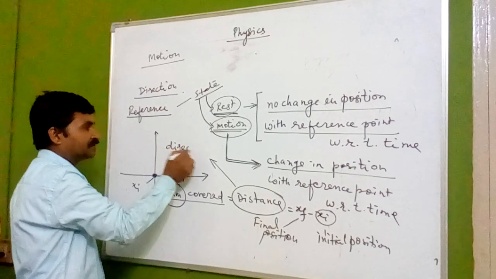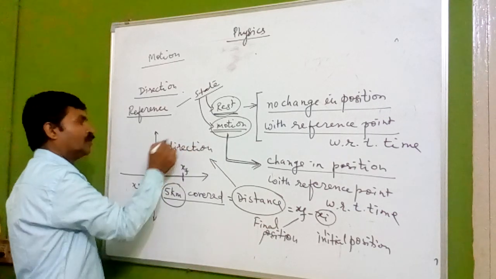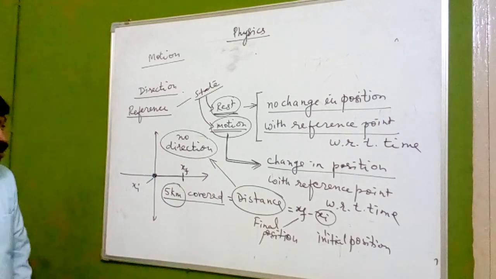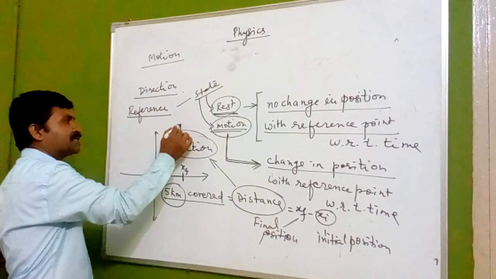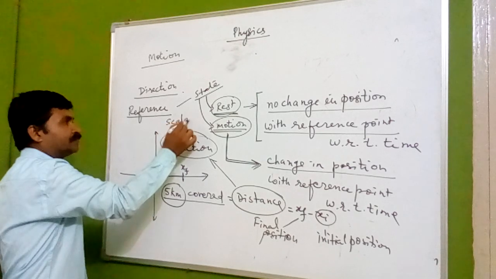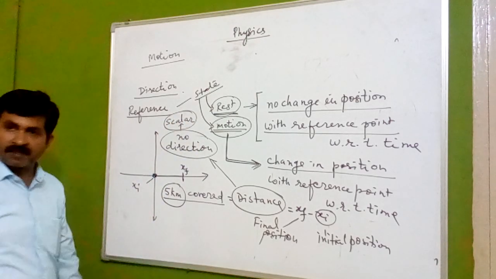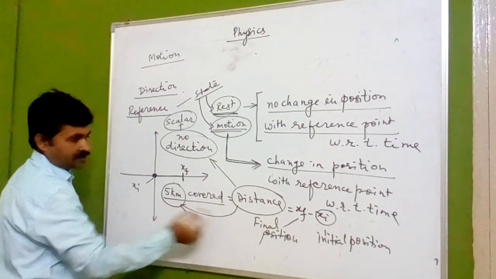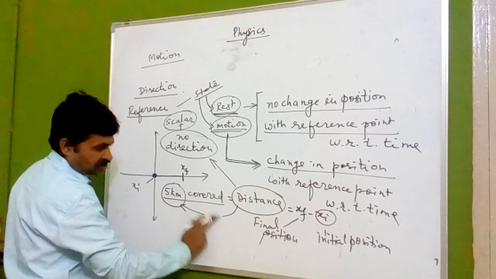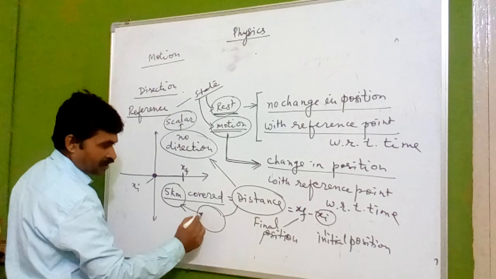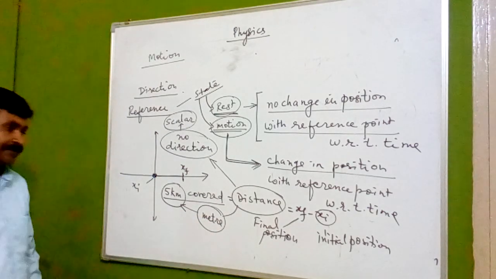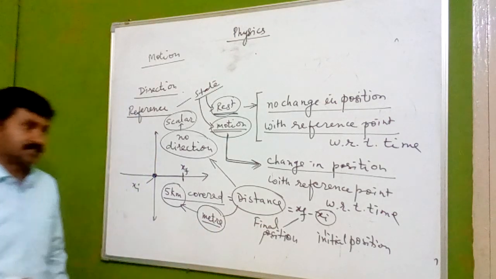No direction is there, which means it is a scalar quantity. Now the unit we have got, its SI unit is meter, distance.